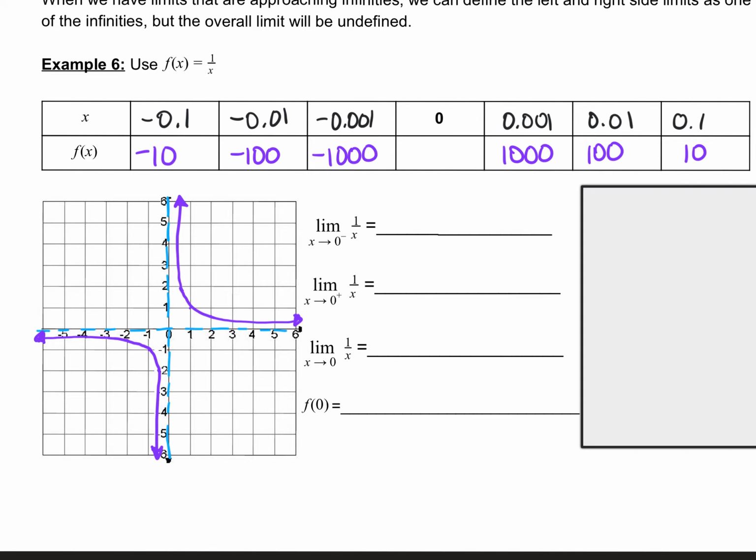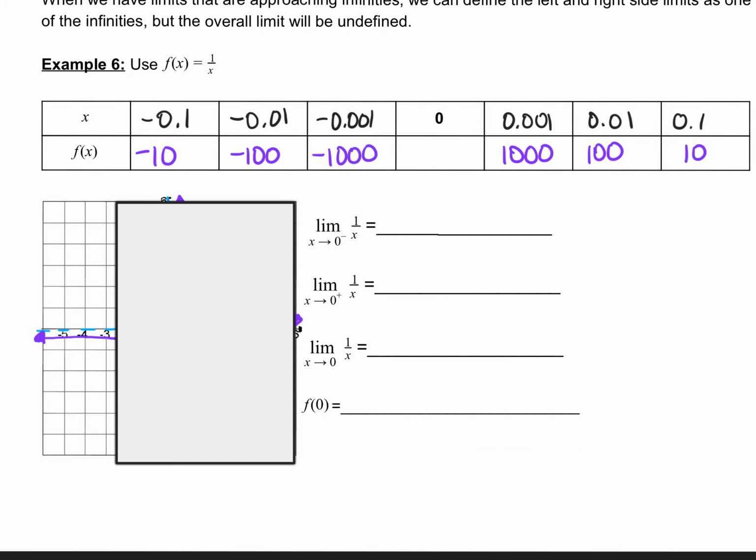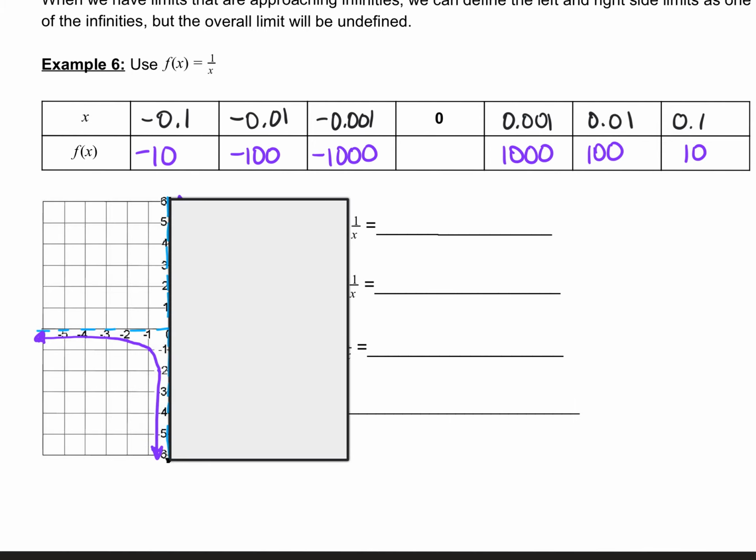So if I want to find what is the limit as x approaches 0 from the left, I'm going to need to cover up the right side of my graph and look at following that function. As I get closer to x equals 0, can I make a guess about what my output might be? And once again, I notice that my function is just decreasing without bound.